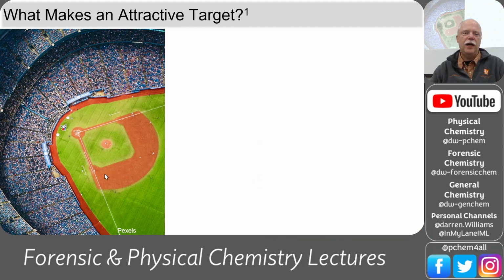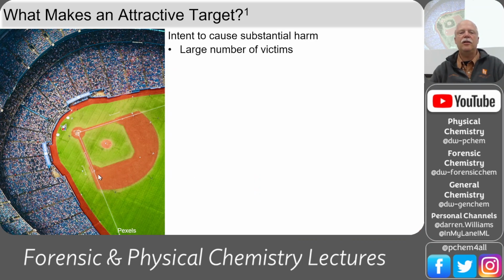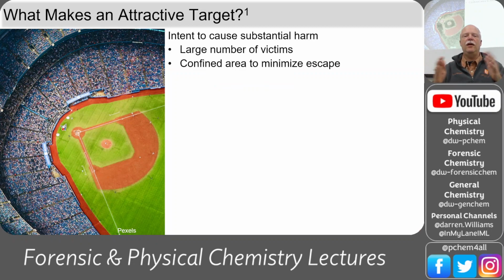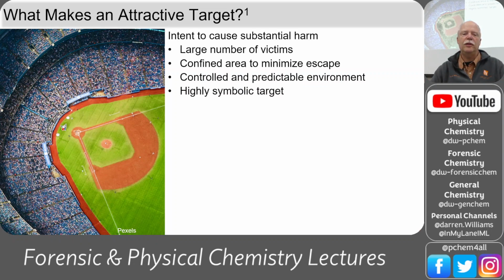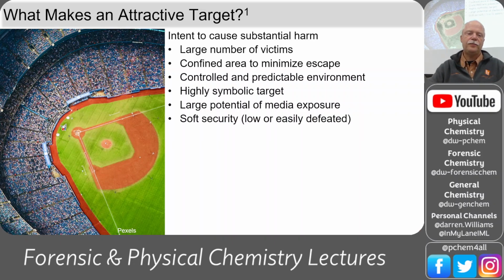And so what makes an attractive target? Obviously, if you have an intent to cause substantial harm, you want a large number of victims. You want the area confined, a controlled and predictable environment, a symbolic target if you can, and a large potential for media exposure. And soft, relaxed security.